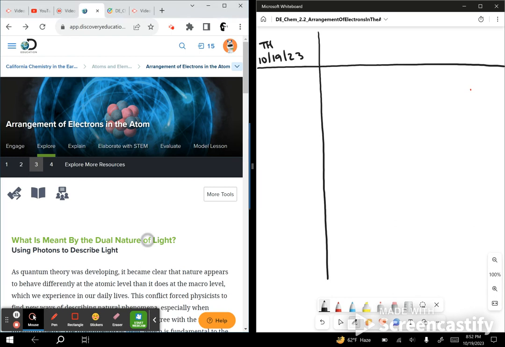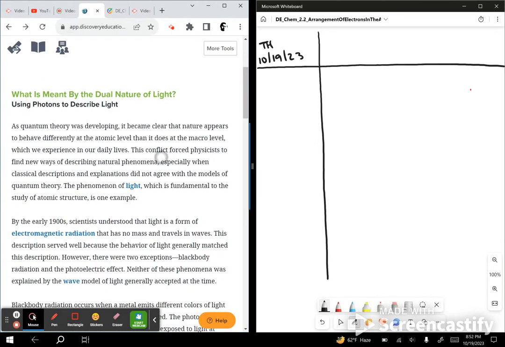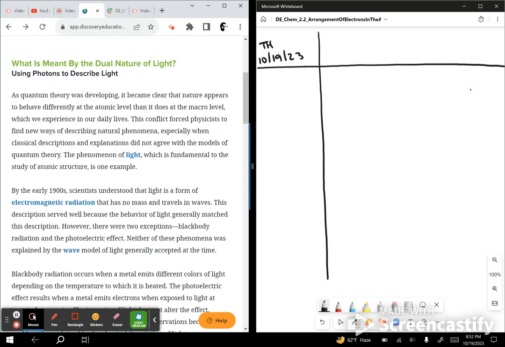And if we look over here, the main question that we want to answer here is: what is meant by the dual nature of light? Dual means two, right?